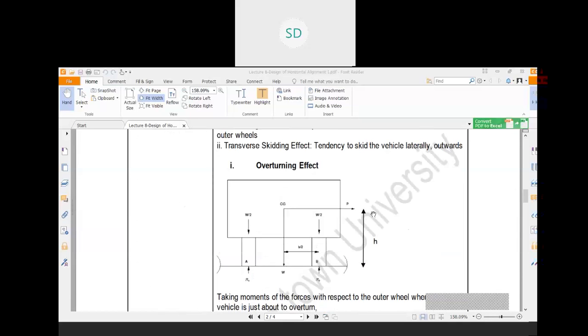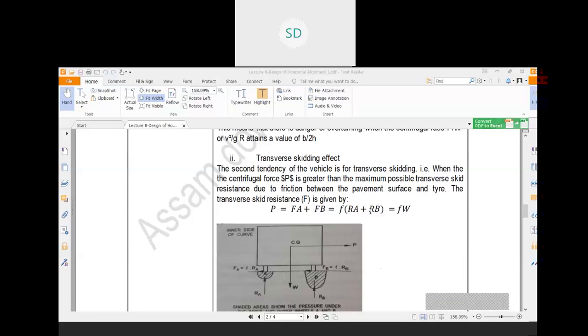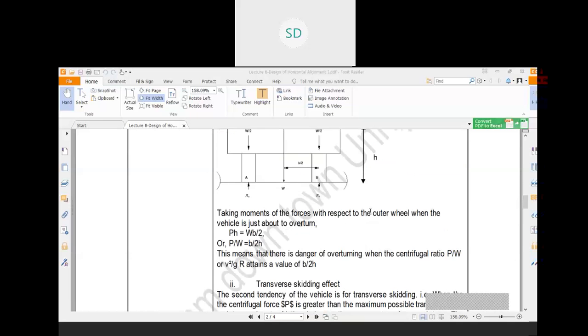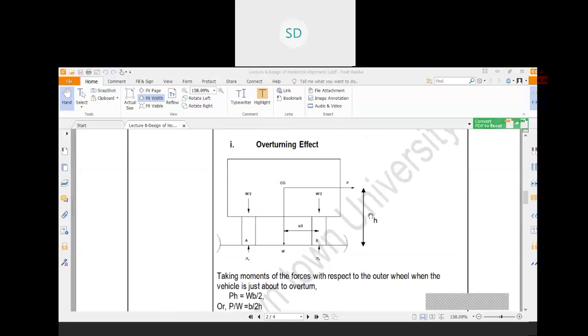The first effect is the overturning effect, and the second one is the transverse skidding effect. The overturning effect will happen when your centrifugal ratio is equivalent to B by 2H. And how have we calculated this? We have calculated it by taking the moment about the outer wheels.